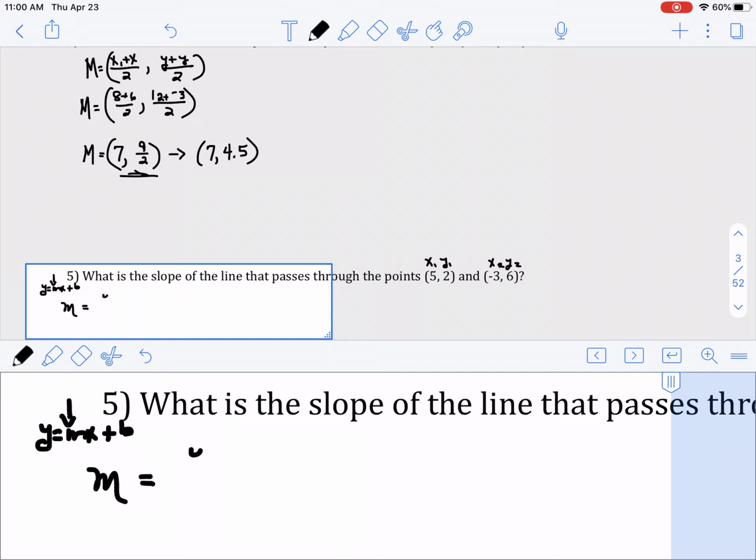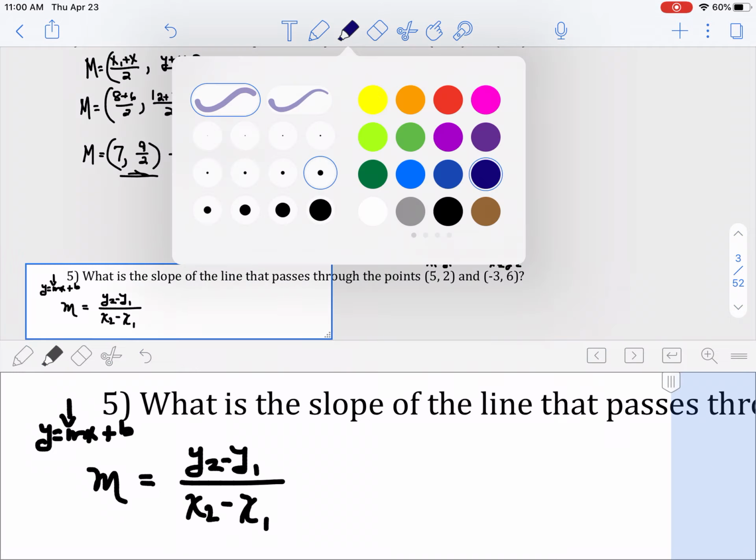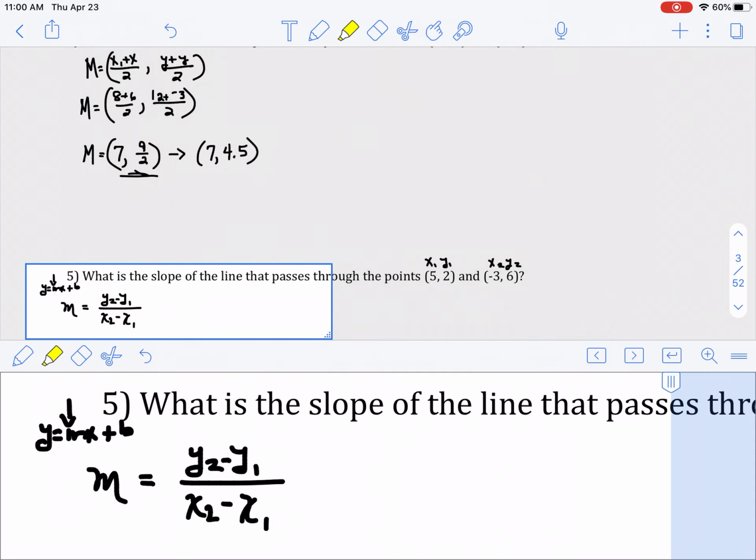And my formula says I'm going to subtract my y's and then subtract my x's. The order, okay, the order, if I'm starting with y2, I have to start with x2, all right? So whichever I've identified as the 2, the order does matter when we're subtracting, okay?